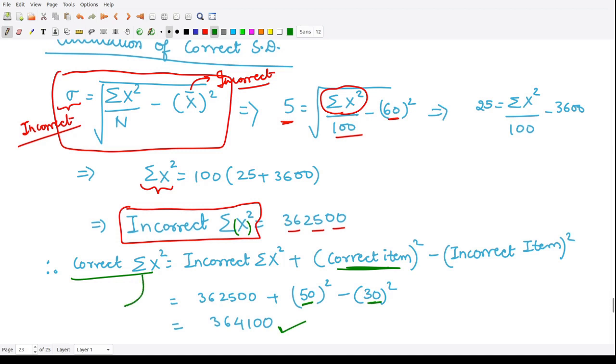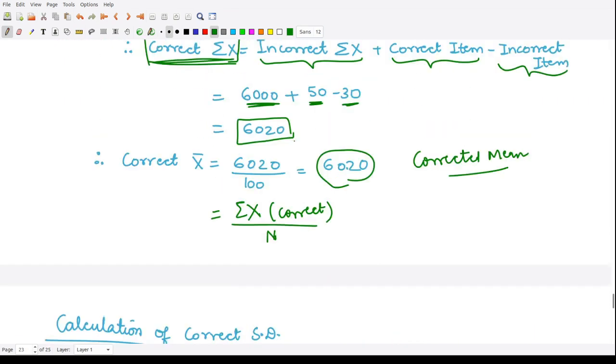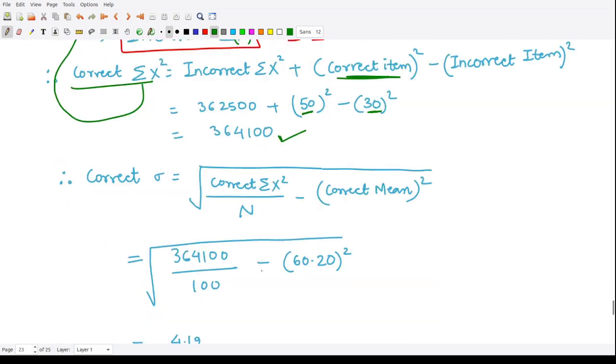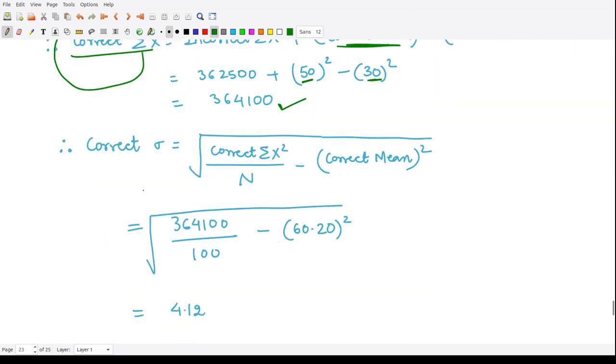We can now substitute this correct value in this formula to obtain the correct value of standard deviation, and here we will also use the correct value for mean. The correct value of mean we have just calculated to be 60.20. So now let's use these values to calculate the correct value of sigma.